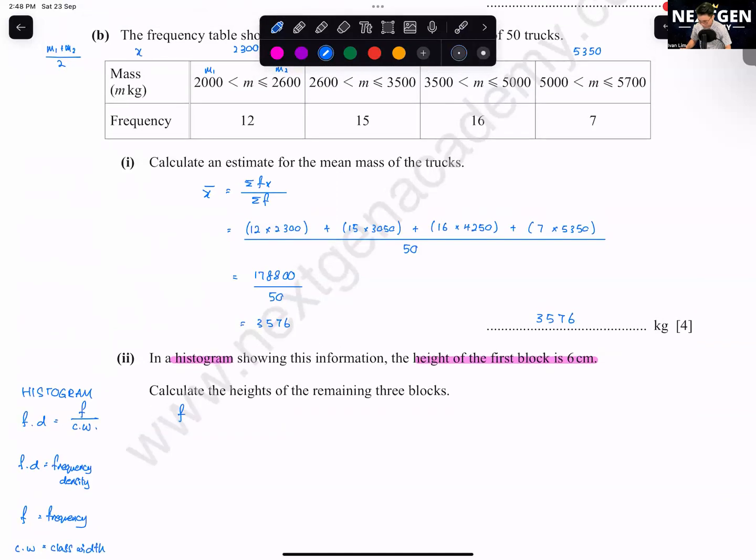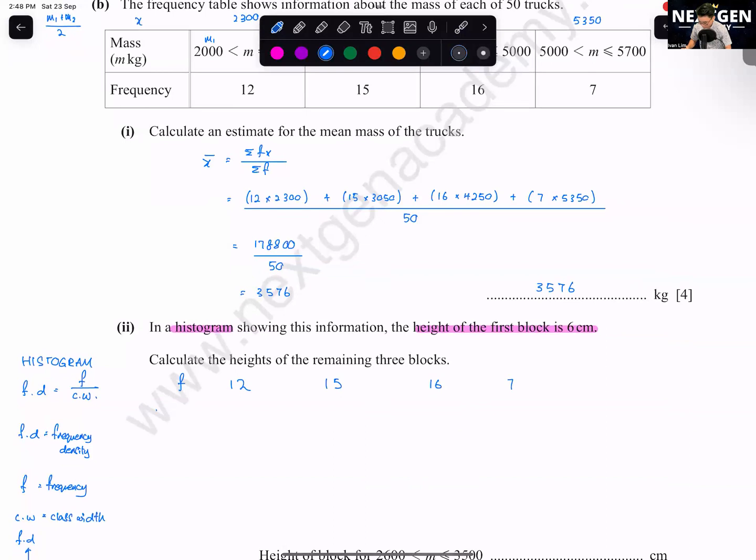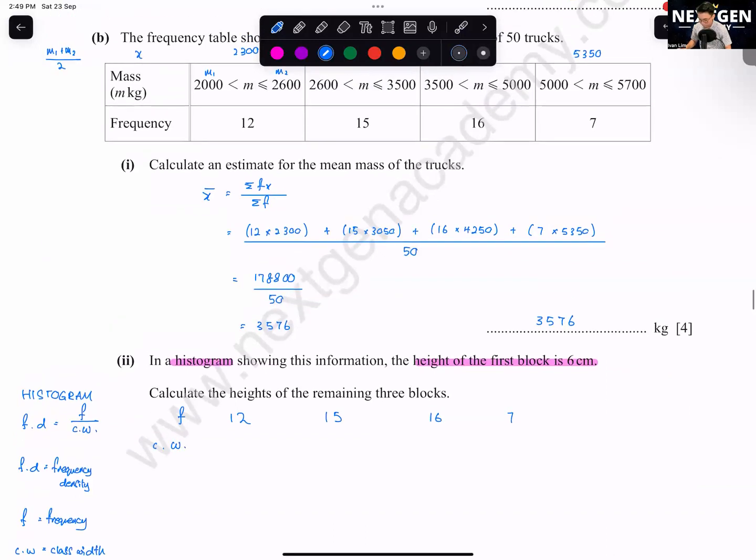So F is 12, 15, 16, and then 7. The class width, CW, is you take the biggest value minus the smallest value. So here will become 600, 900, 1,500, and 700.